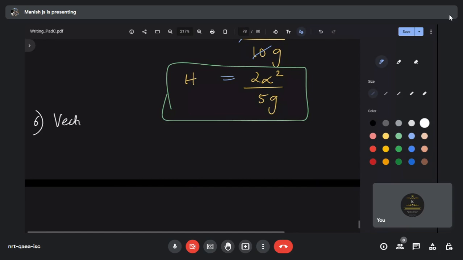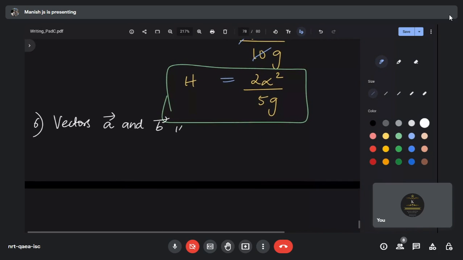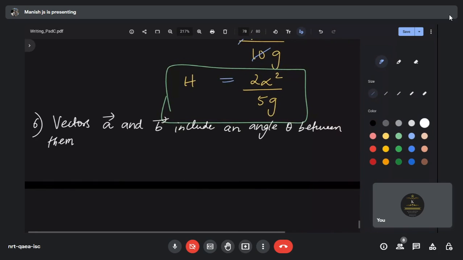Vectors a bar and b bar include an angle theta between them.